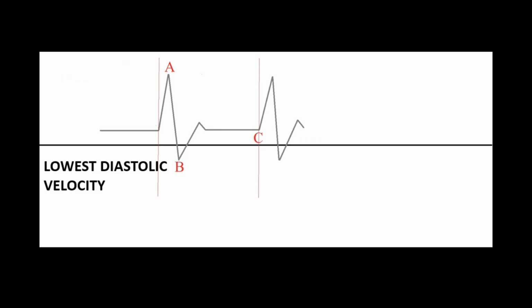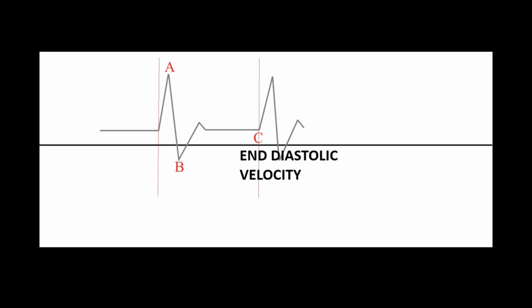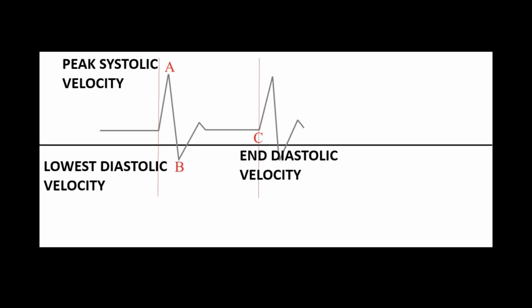Point B is the lowest diastolic velocity. Point C is the end diastolic velocity. So the peak systolic velocity, lowest diastolic velocity and the end diastolic velocity are used for calculation of various Doppler parameters.